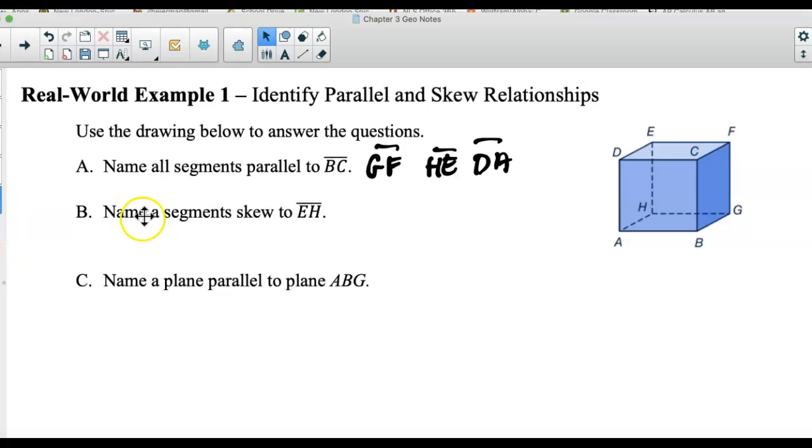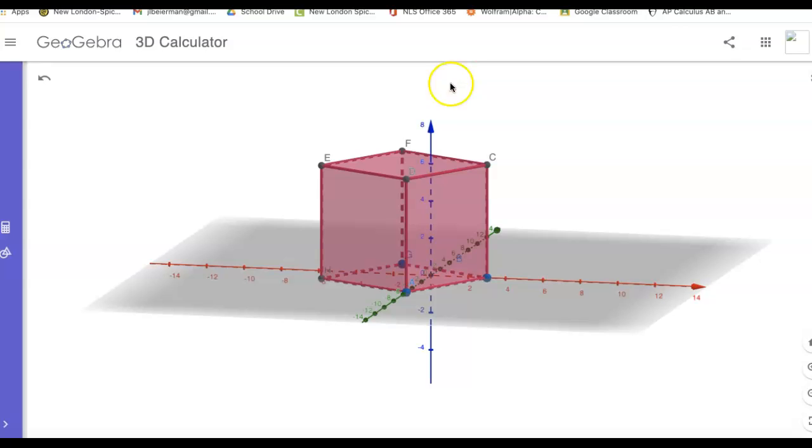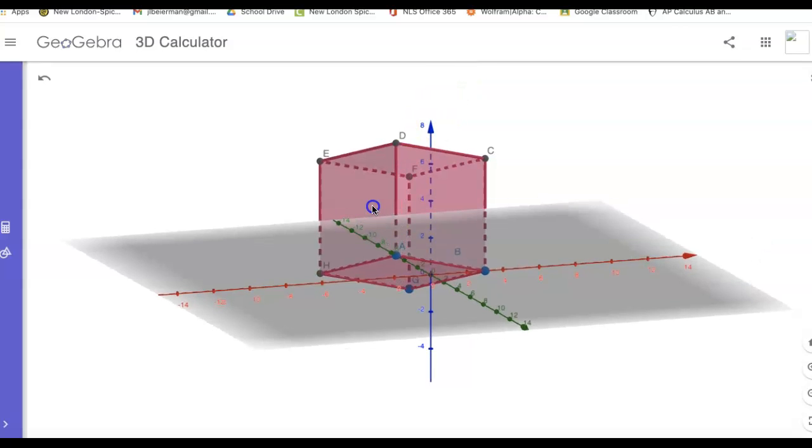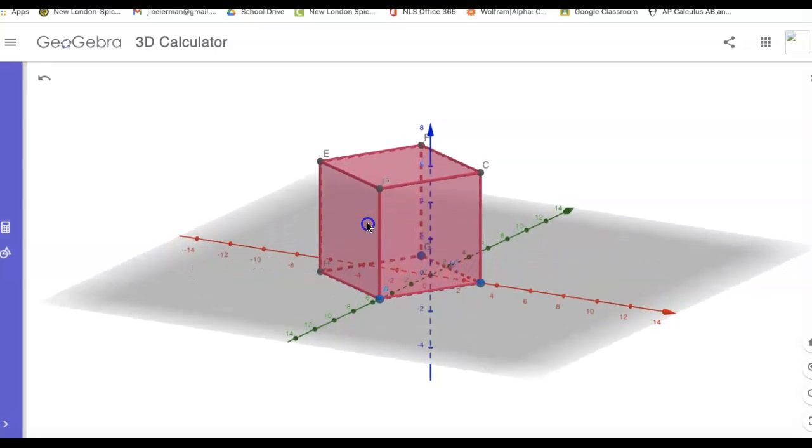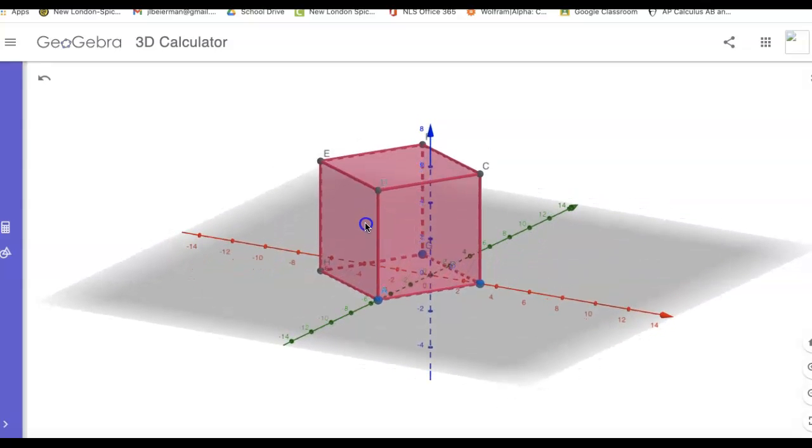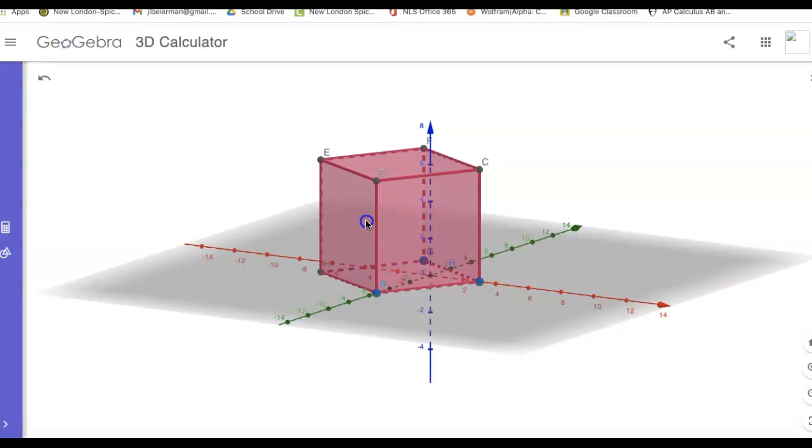So the next one is skew. Remember, we're talking about lines in different planes, so we have to figure out where EH is, which is in the back. Let's go back to our picture. So EH is there on the side, and I want to know a line that is not in that plane.